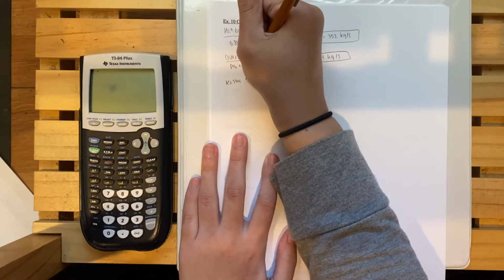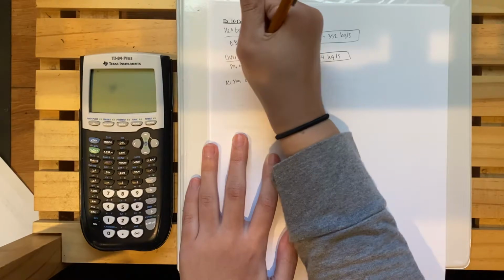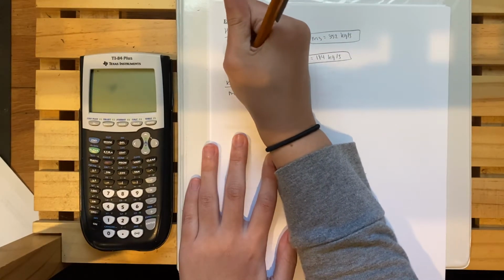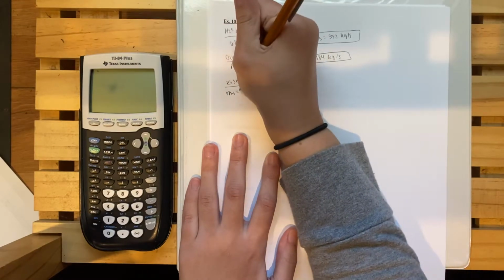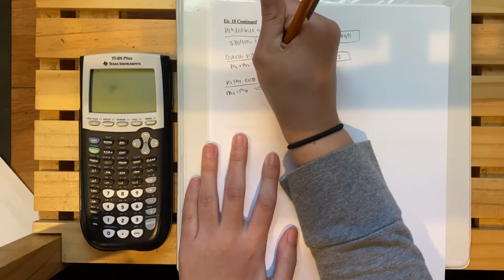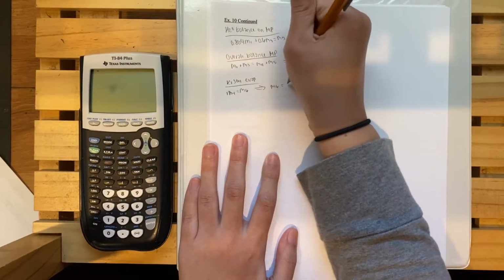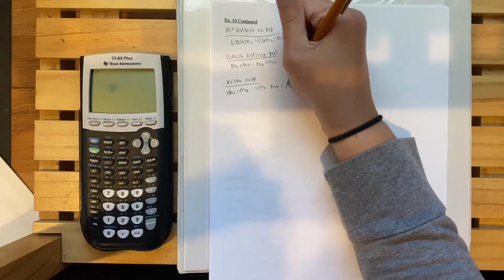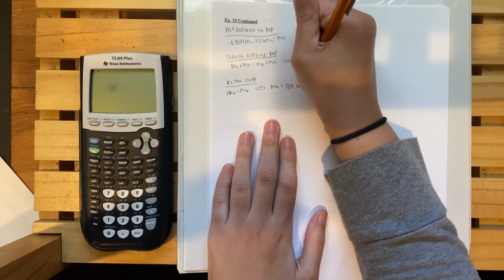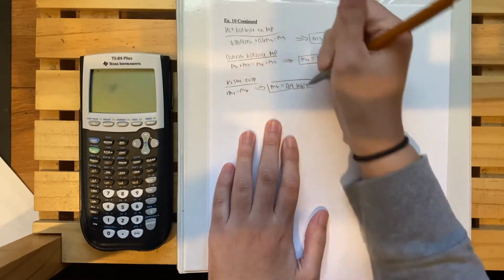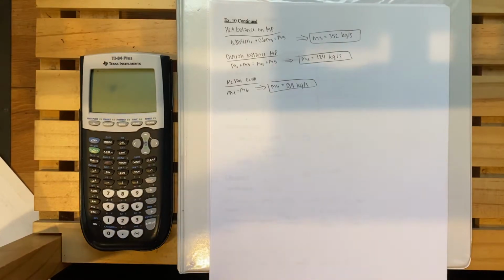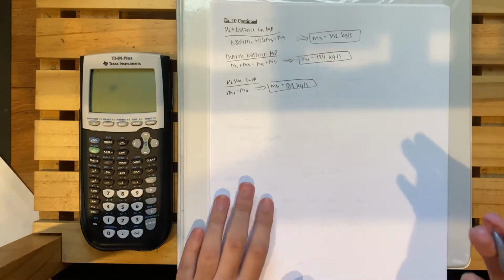K2SO4 balance around the evaporator: M4 equals M6. So M6 also equals 184 kilograms per second. Let's see, nope, phone's still going. Okay, we got this. So close.